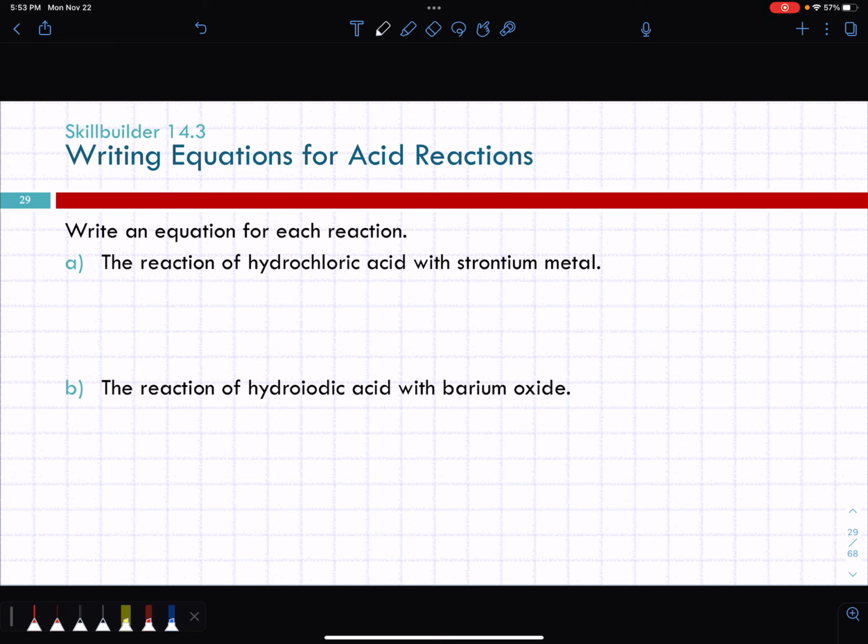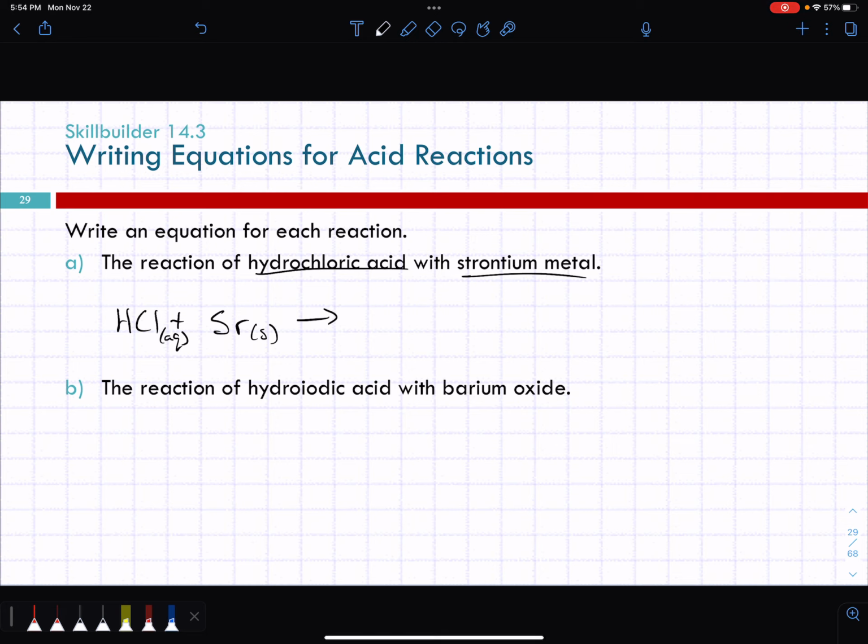These might be like the different tiers of difficulty for questions. This is going to be like a mid-tier difficulty question: react hydrochloric acid with strontium metal. So part of this is, have a list of acids. Hydrochloric acid is HCl plus strontium metal. One's solid, this is aqueous.